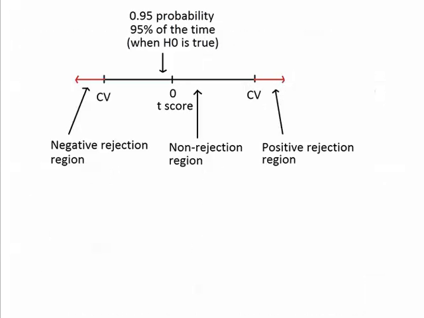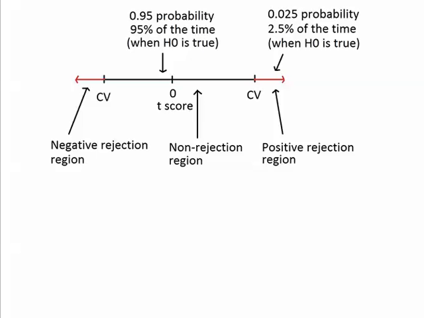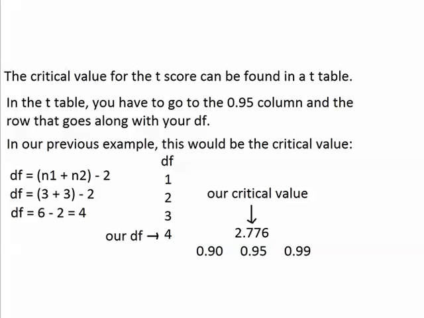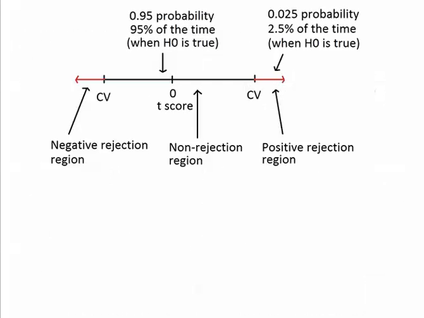Our critical value was, let's go back to see what it was, 2.776. Now we need to make a number line. This is the critical value of 2.776. This is actually the opposite of the critical value, which is negative 2.776.